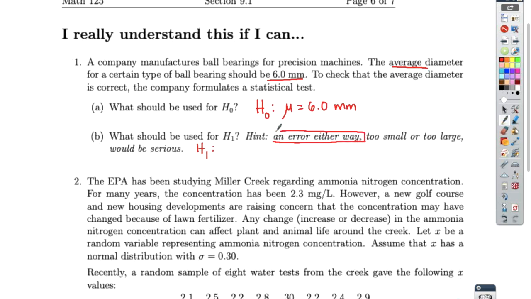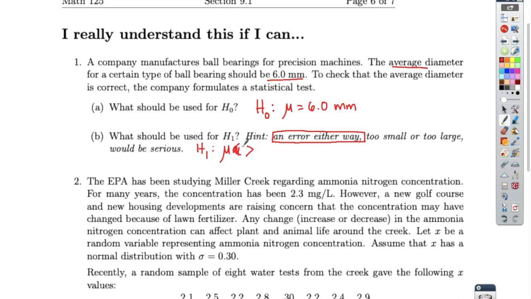An error either way, too small or too large, would be serious. So our null hypothesis doesn't want to restrict us to just too large, or just too small.